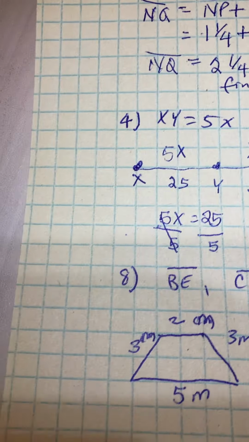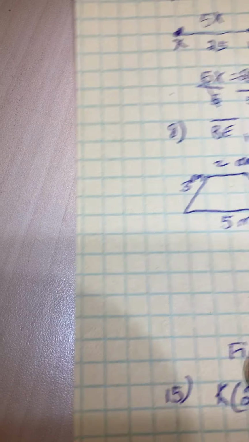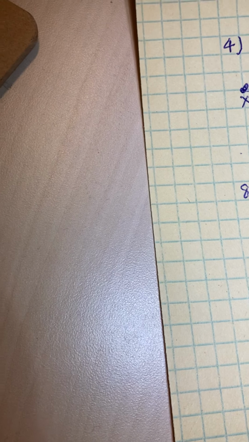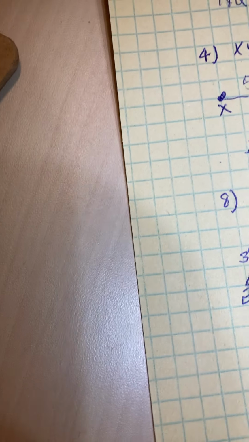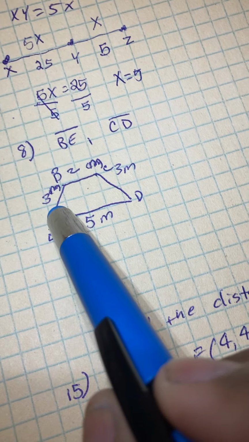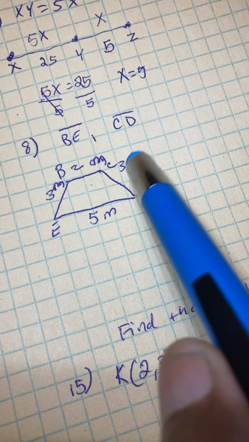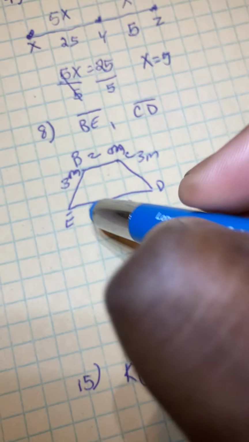Now, to tell if two lines are congruent, they have to have the same measure. Oh, wait a minute. I think this was BE. And I think this was CD. All right, so my value on this one is 3, right? And my value on this one is 3, right? So therefore they are congruent.